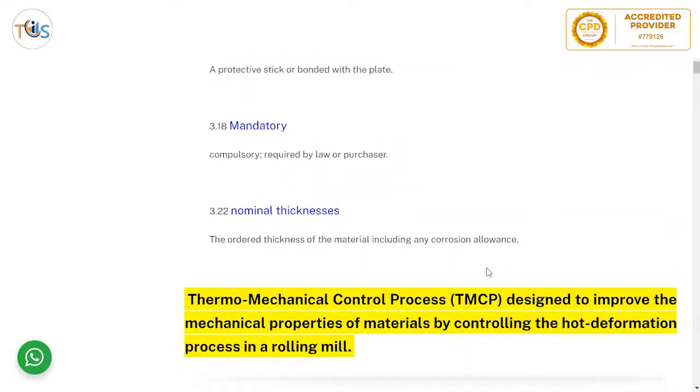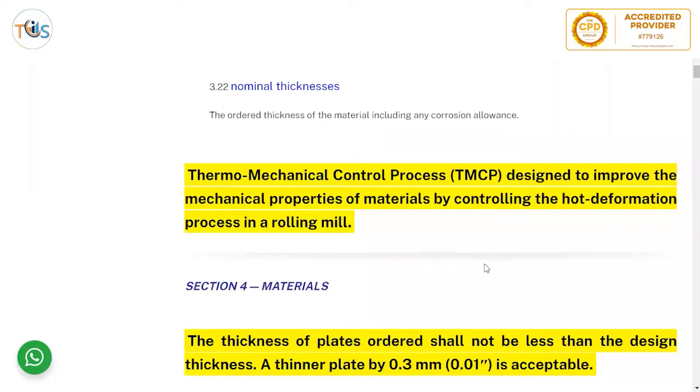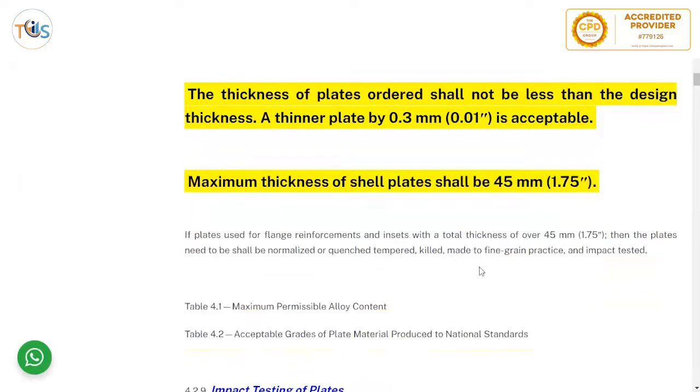Mandatory means compulsory, required by law or purchaser. Nominal thickness, the ordered thickness of the material, including any corrosion allowance. Thermomechanical control process, TMCP, designed to improve the mechanical properties of materials by controlling the hot deformation process in a rolling mill.